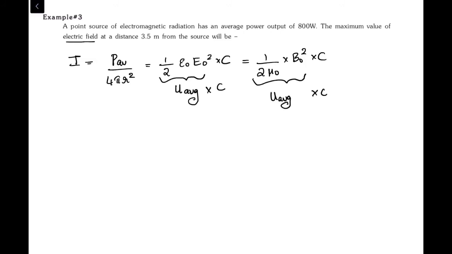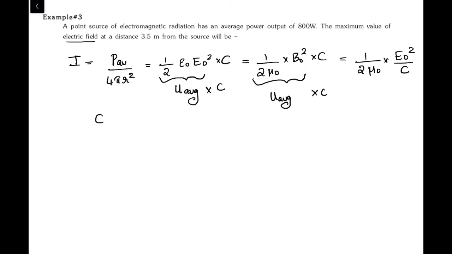There is a formula for total average energy density in terms of electric field and magnetic field. Don't get confused. If you have doubt, you can check the previous question again. Then also you can write this term as 1 by 2 mu 0 into E0 square by C. You can write intensity in different ways.